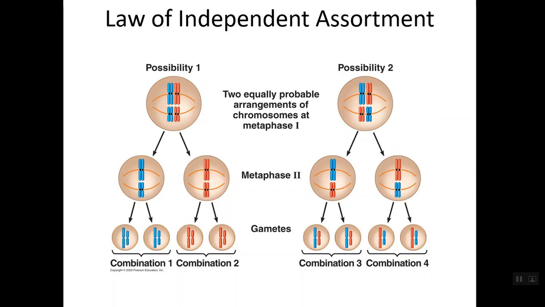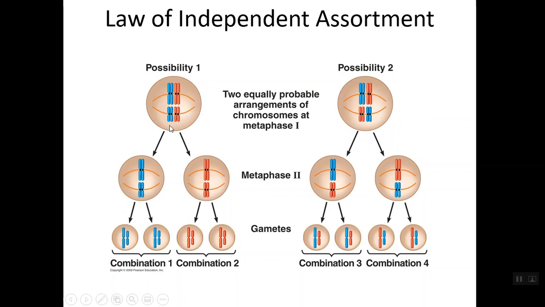He stated that he was able to understand how things work during formation of gametes, and he called this combinatorial factor the law of independent assortment, which states that, again, in the formation of gametes, the maternal and paternal chromosomes that an individual has inherited will independently assort, okay?